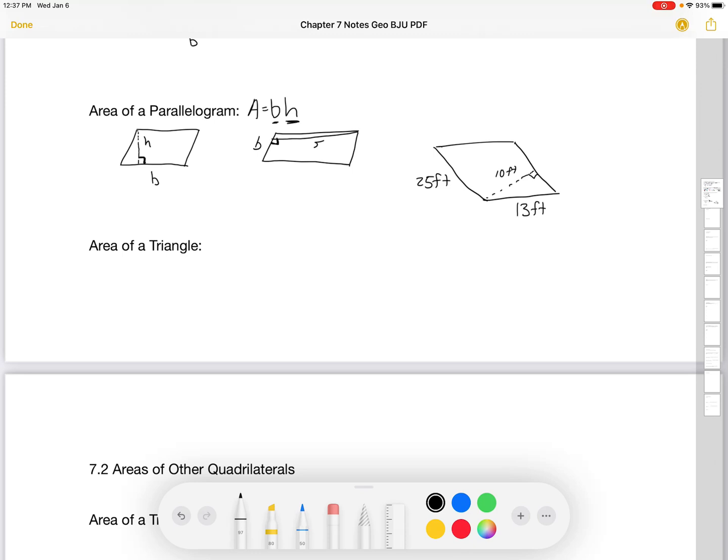Because it's a parallelogram, opposite sides are congruent. This is going to be 13 and this is going to be 25. I'm not concerned with the side that's 13 because it has nothing to do with the right angle. So my base would be 25 and my height is 10 for an area of 250 feet squared.